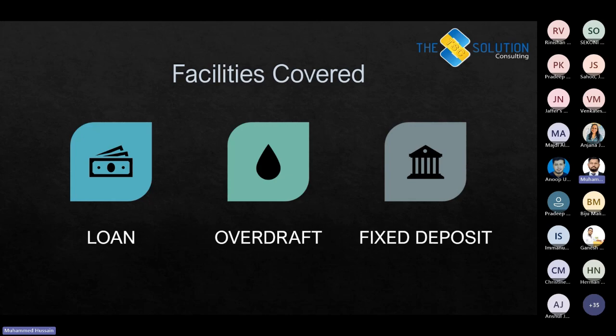Under each facility group, we can have different facility types. For example, we can have multiple varieties of loan, like loan for working capital, loan for construction expenses, loan for enhancement, or loan for meeting daily expenses. We can have multiple varieties of loan, right?